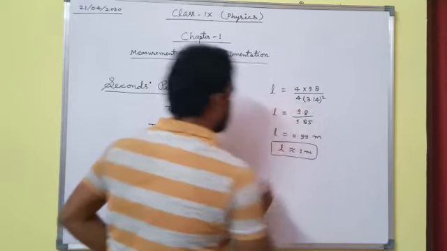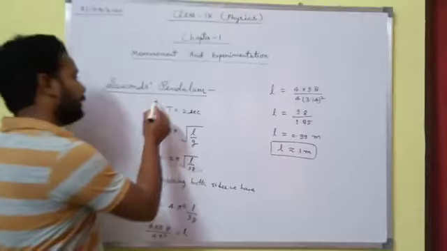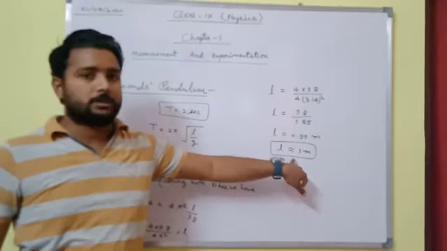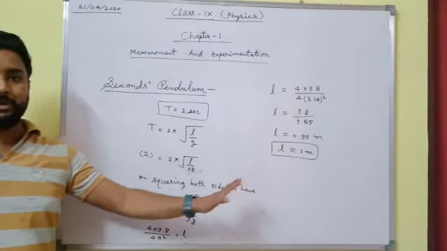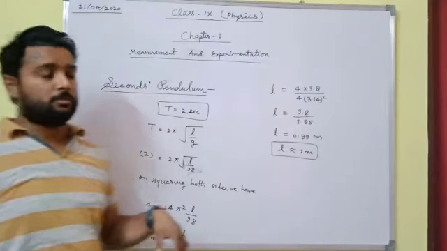It means a pendulum which has a time period of 2 seconds and a length nearly equal to 1 meter is known as a second pendulum.